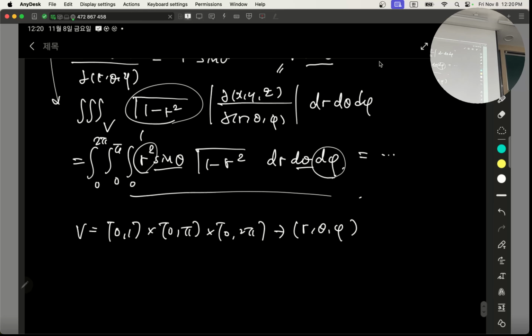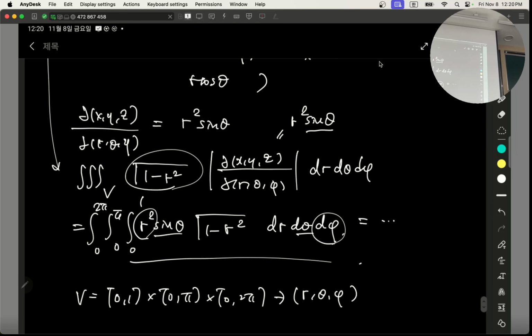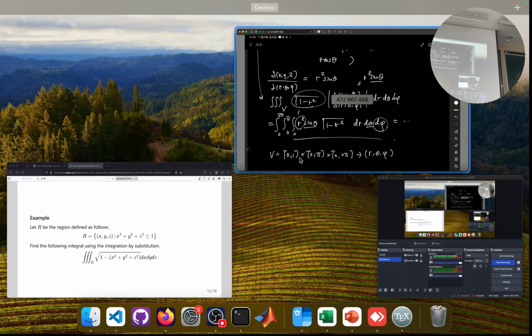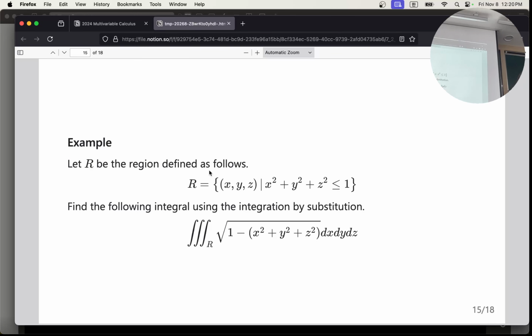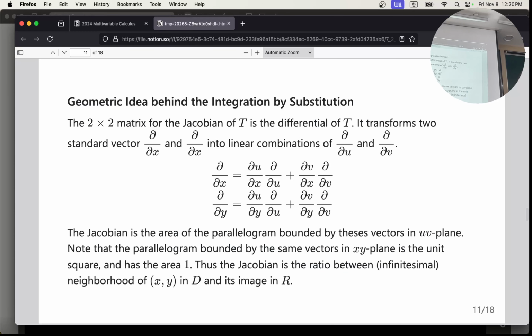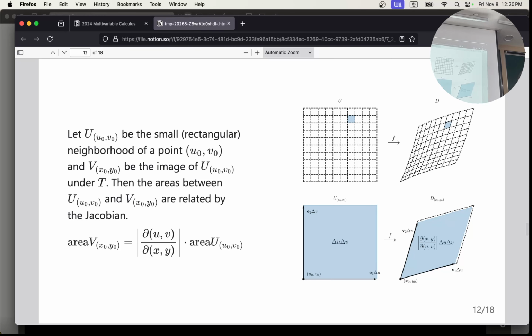If you want to get used to integration by substitution, you need lots of practice. There are many tricky problems, but I don't like doing those kinds of problems. That's why I'm not lecturing in the conventional way. To wrap up, what you need is to understand the principle lying inside of integration by substitution, which means understanding the meaning of the Jacobian.